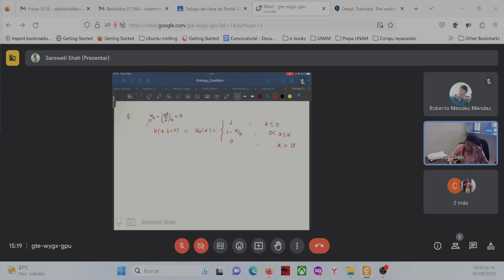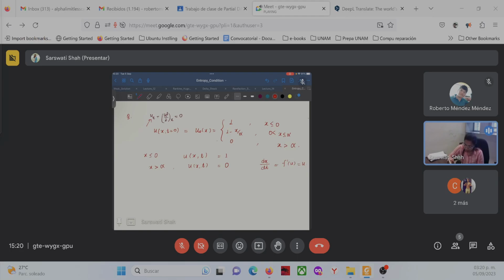So if x is less than or equal to 0, the solution is going to be 1. If x is greater than alpha, the solution is going to be 0, because u is constant along the characteristic dx over dt equals f dash u, which equals u.